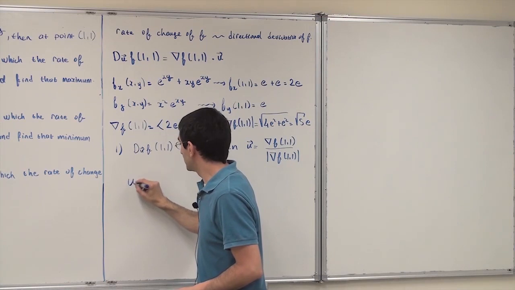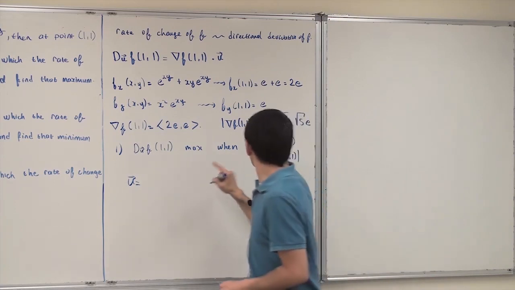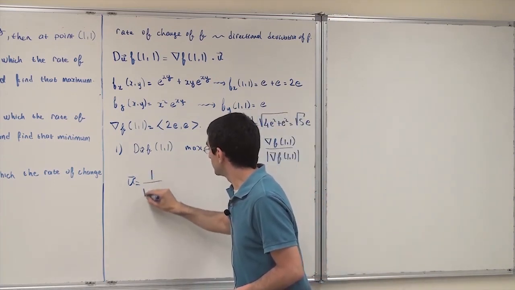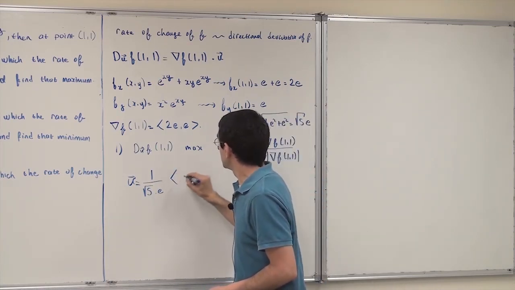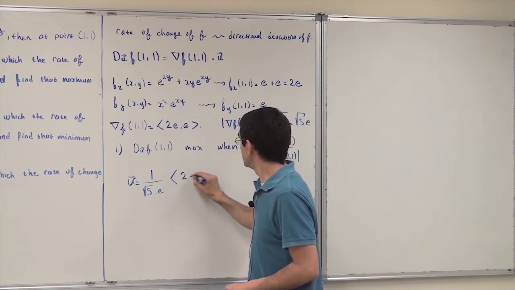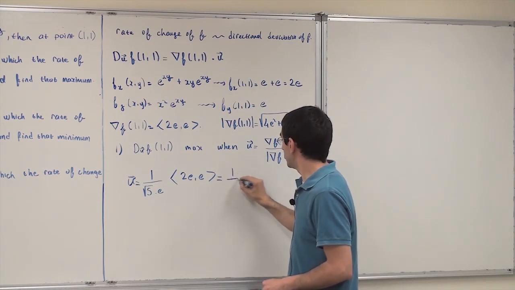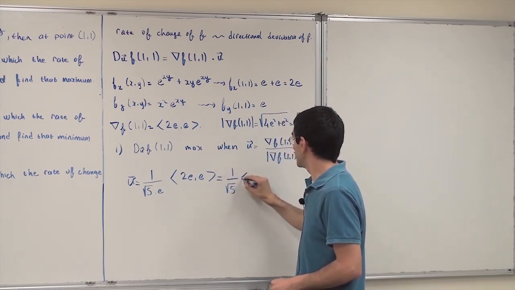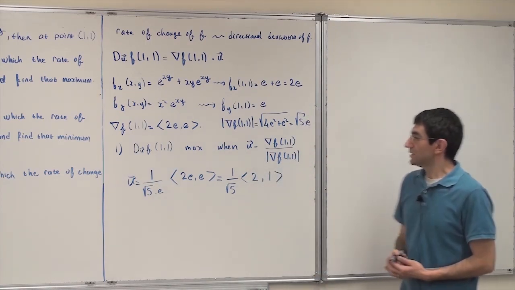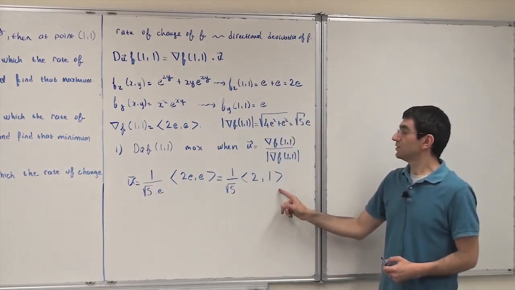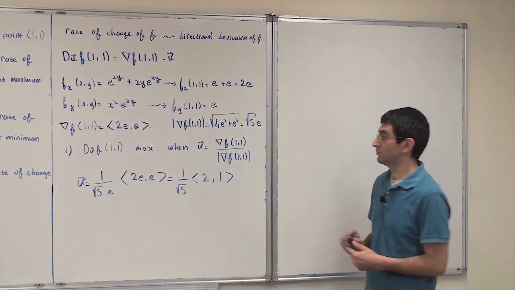So then if we come back to our unit vector u, we will have 1 over root 5 e times the gradient vector (2e, e), and this simplifies to 1 over root 5 times the vector (2, 1). So for this unit vector, our directional derivative is going to get its maximum value.